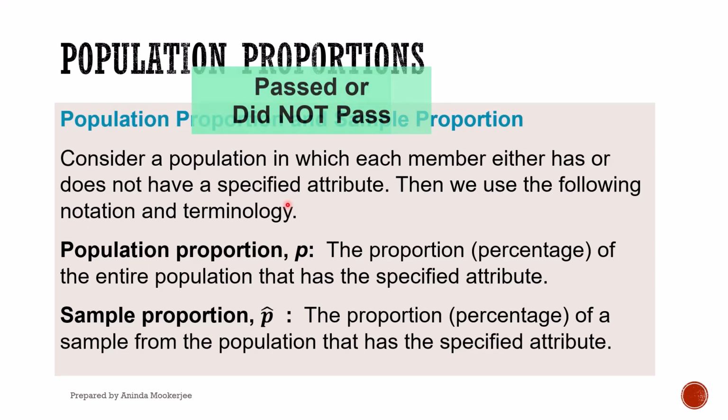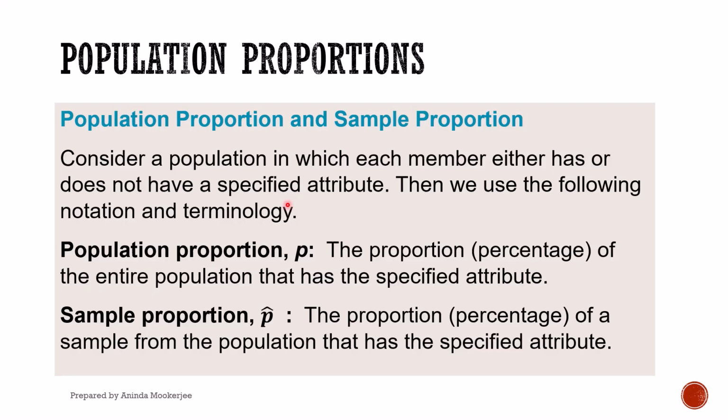So in that case, my specified attribute was passing the course, and I would look at each member in the population or in the sample and check whether the person has met the specified attribute or didn't meet the specified attribute. Likewise, I may want to know what proportion of the population drives a particular brand of car, a particular model of car.